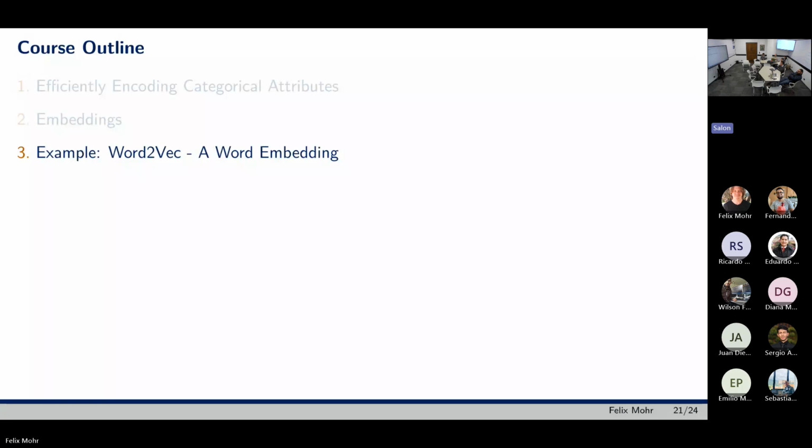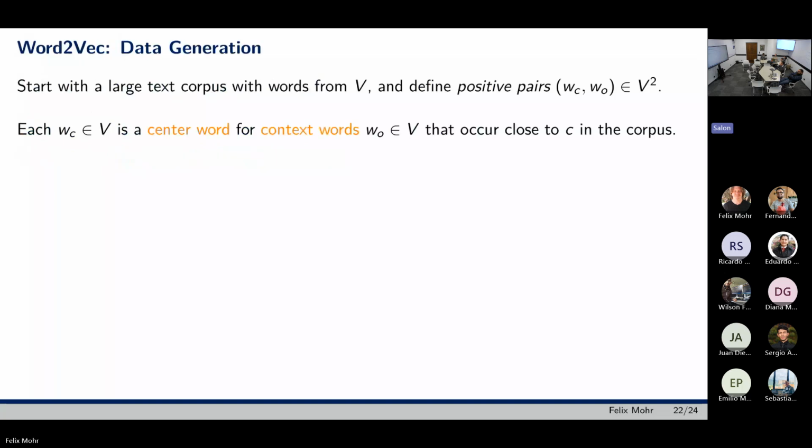So we need to create data, because, I mean, I'm not even sure, but this is how it's currently done. We're now talking about how to create an embedding from scratch without a concrete supervised learning task at hand. So how do you do this?